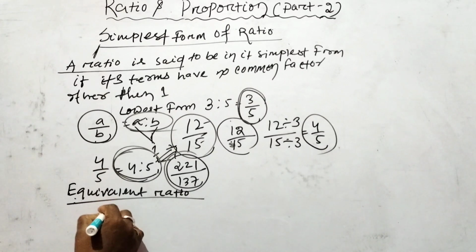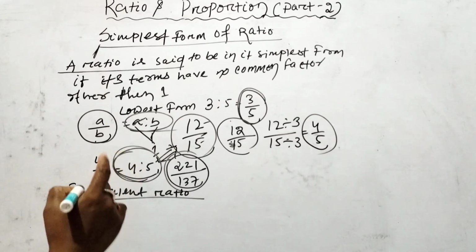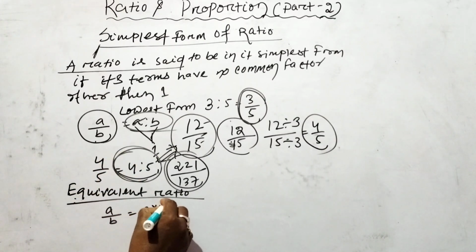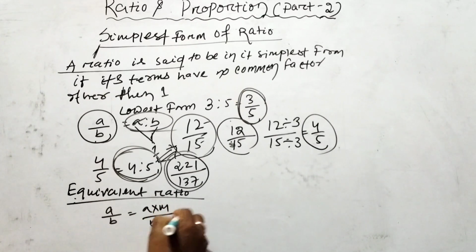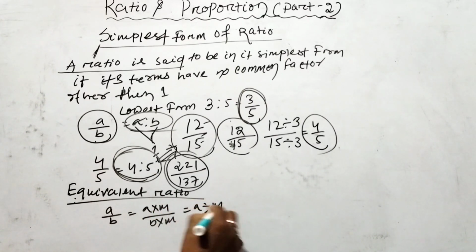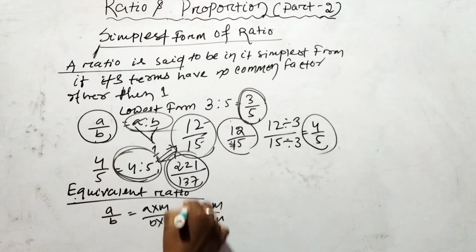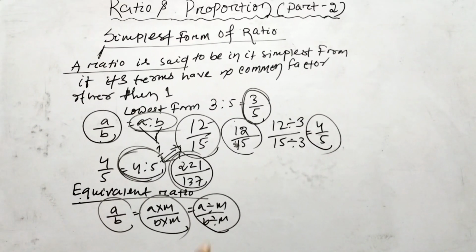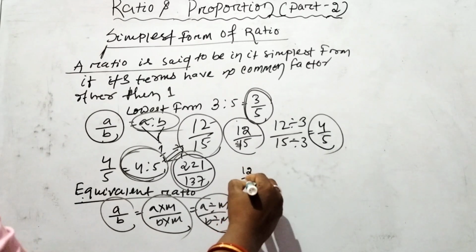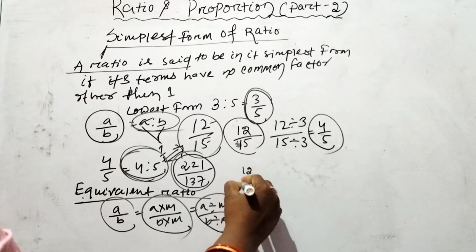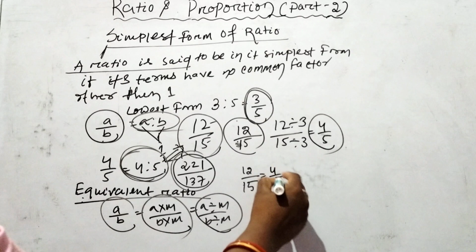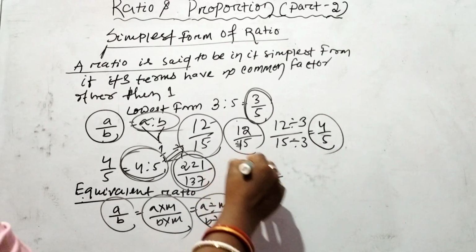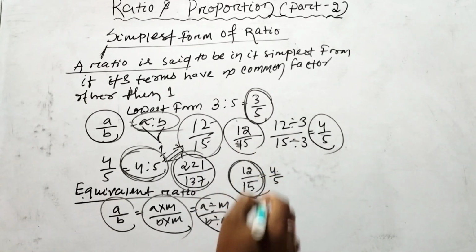If I say A by B, then A into M by B into M, or A divided by M and B divided by M, are both equivalent to A by B. That means ratios which can be expressed as one common ratio in their simplest form. 12 by 15 is equal to 4 by 5, and when you find the lowest term, we also get 4 by 5.